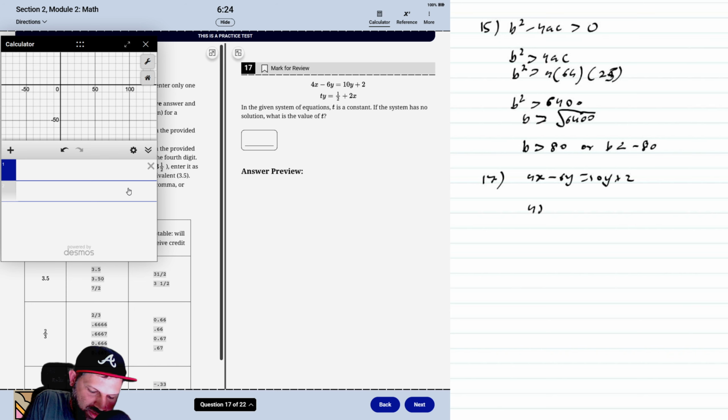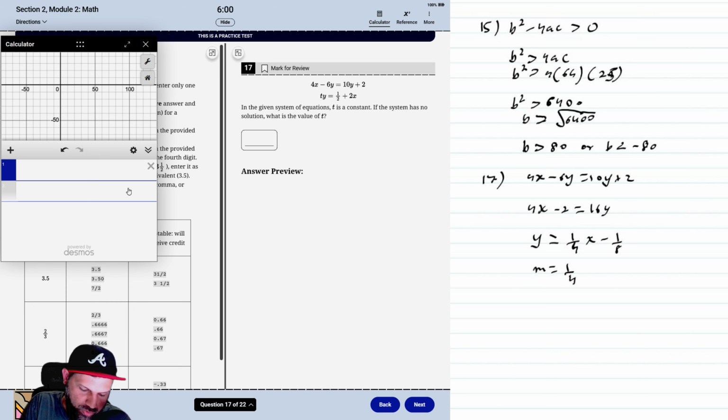So we have 4x minus 2 is going to be equal to 16y, and we divide 16 on both sides. So we have y is going to be equal to 1 over 4 x minus 1/8. Okay, that means the slope is going to be 1/4.